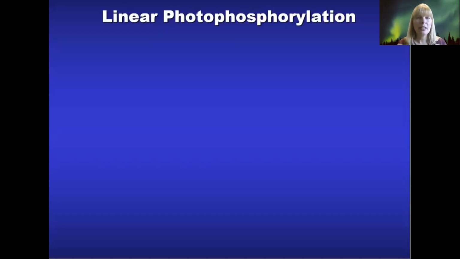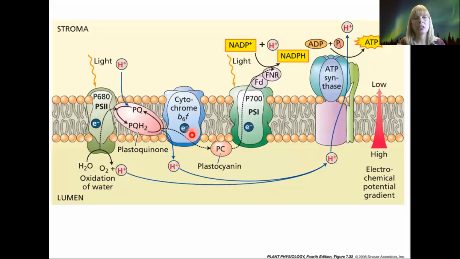All right, so what I just described, they have to give it a jargon term for us to memorize, of course. So they call it linear photophosphorylation. The linear just means that you have a linear electron transport chain process that is tied to the establishment of a proton gradient.